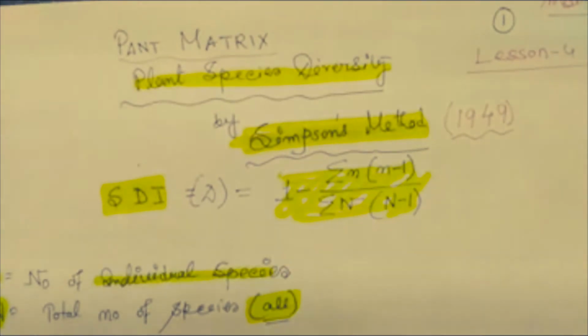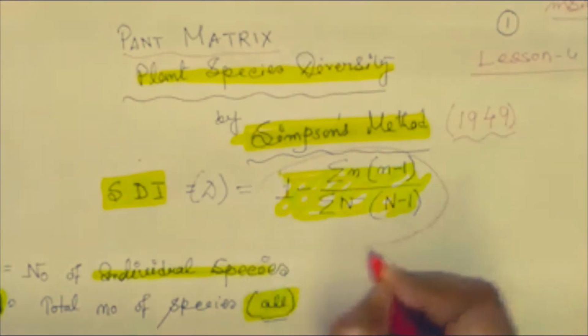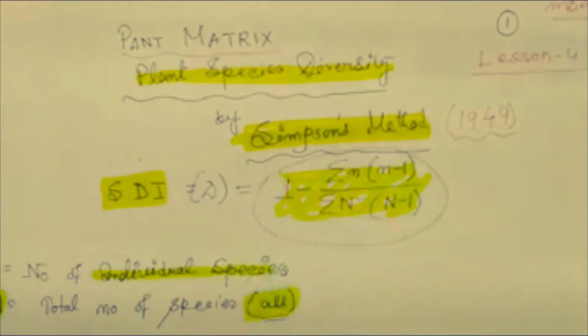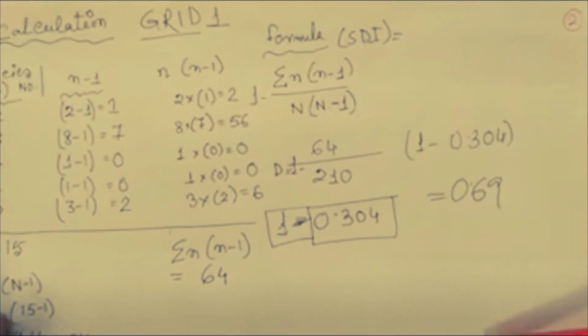This is a very simple formula. With the help of this formula we can derive the species diversity. The Simpson diversity index measures community diversity, and it is commonly used for biodiversity.